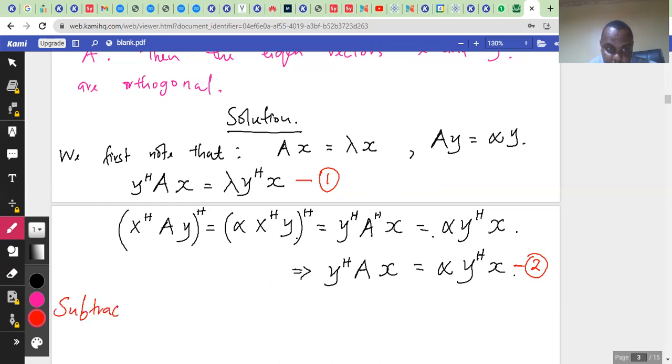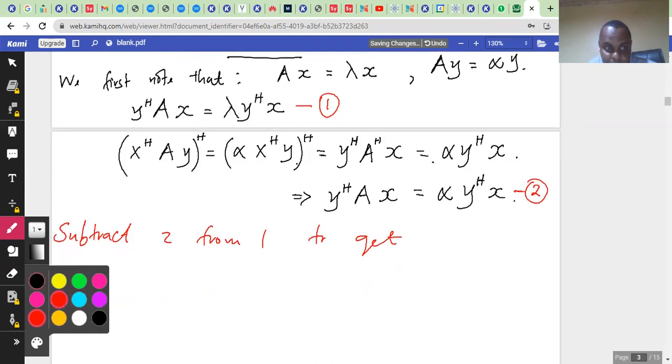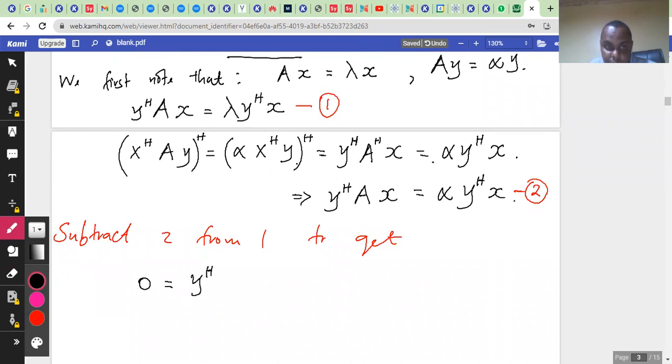So these two give you 0, and if you subtract the other two, you get y^H x multiplied by lambda minus alpha.